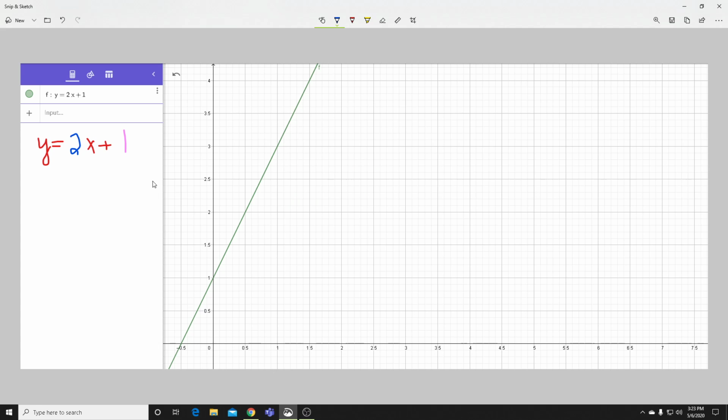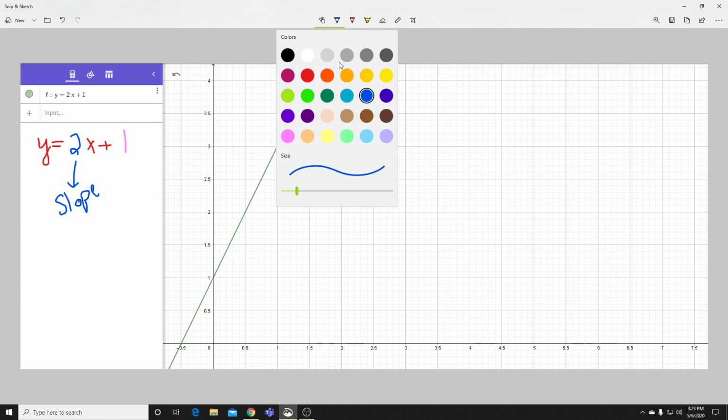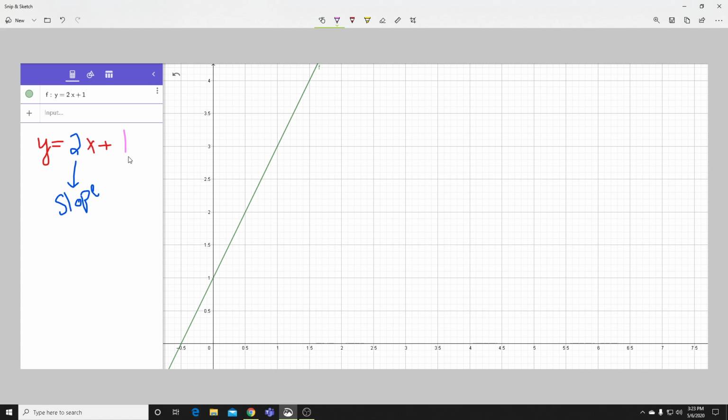Okay, so remember this is our slope, and this is our y-intercept. Okay, sorry, I'm a slow writer.